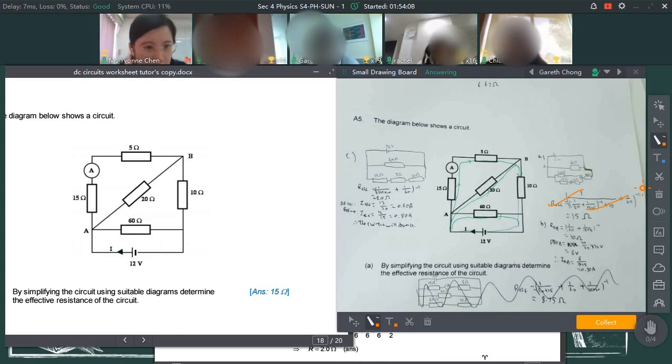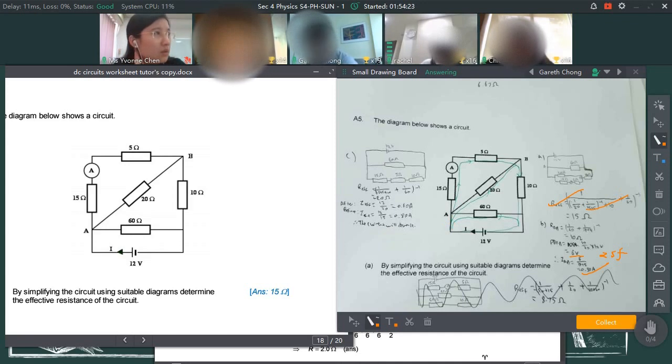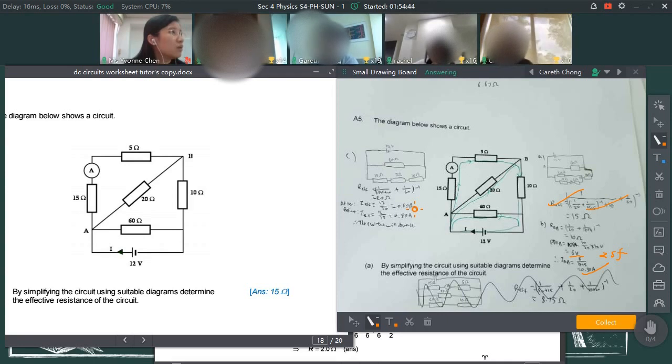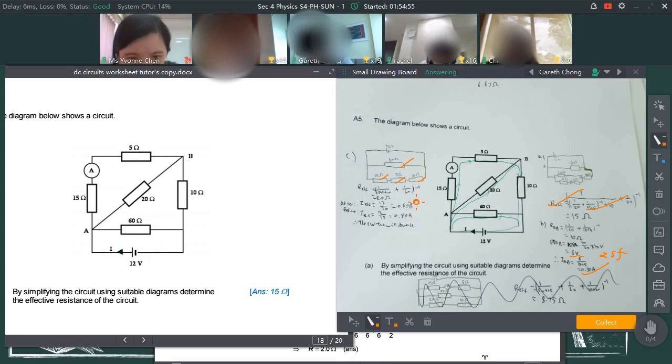And part B. I want to see 2SF. Okay. Okay, good. Gareth, okay, good.